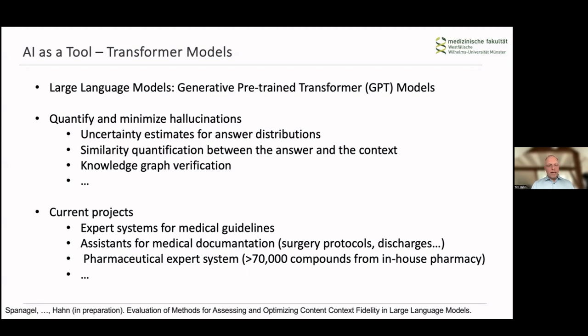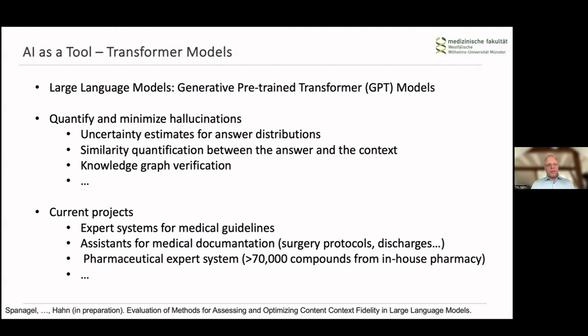Whenever you ask it about anything else that's not in the guideline, it will simply say, I don't know. It's not in the guideline. And that's actually a hugely important characteristic of a model, to be able to say, I don't know, because that's something that ChatGPT will never do. It will always give you an answer. And that's very, very dangerous, especially if the uncertainty is high. So we build expert systems based on medical guidelines.